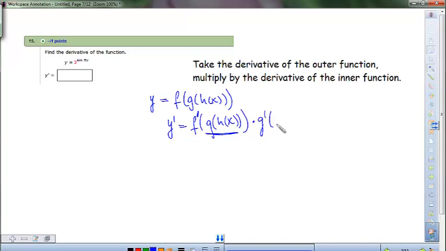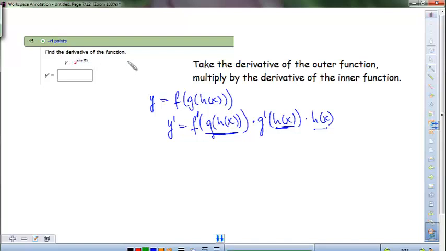That's g prime of h of x, and then times the derivative of the inside, h prime of x.